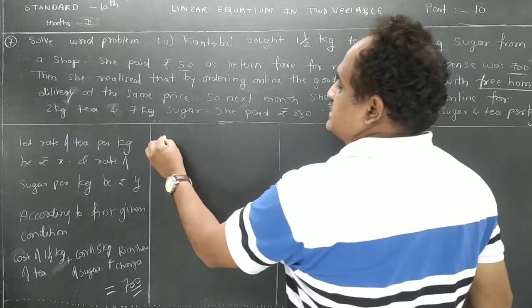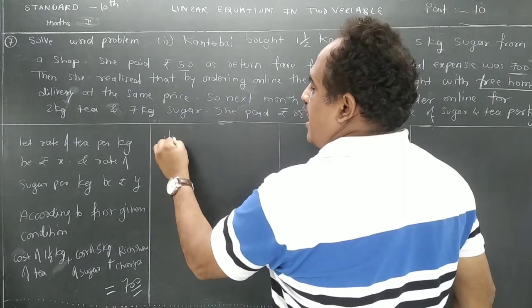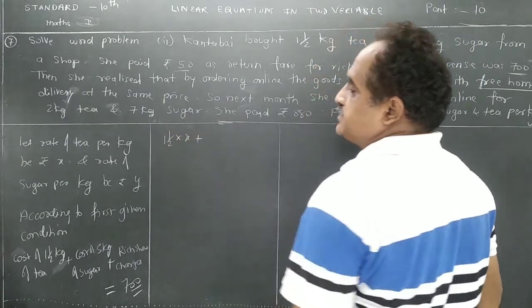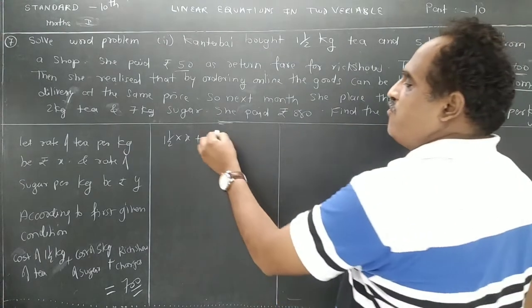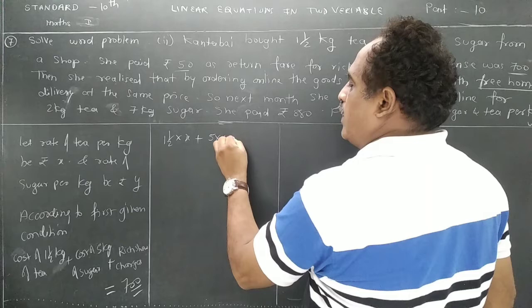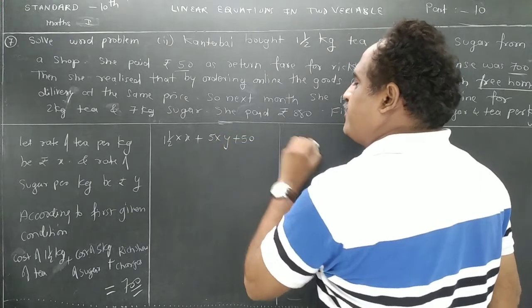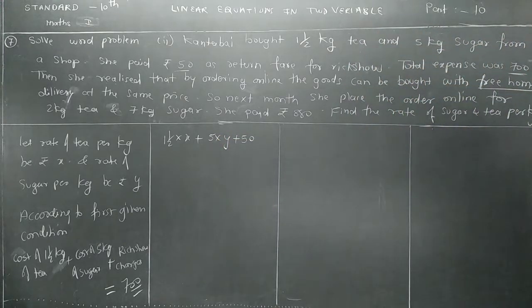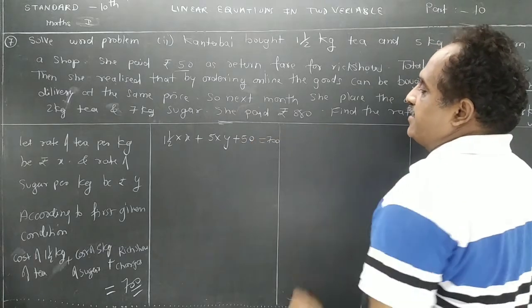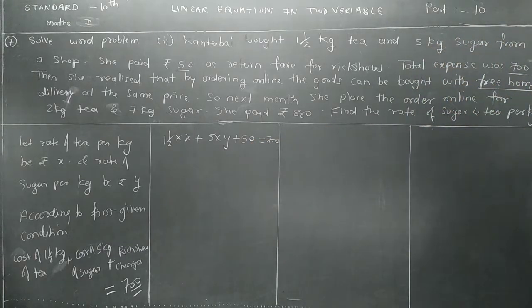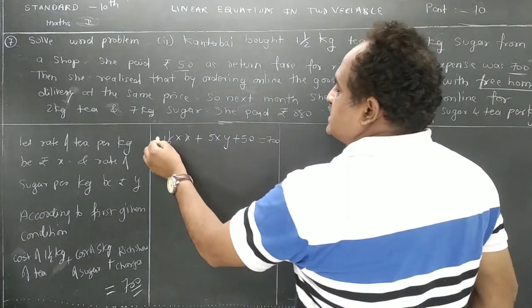So in this case, 1.5 into x for tea, plus 5 into y, and you have to add 50 rupees of rickshaw charges, and it costs us 700 rupees. See student, it is a mixed fraction.